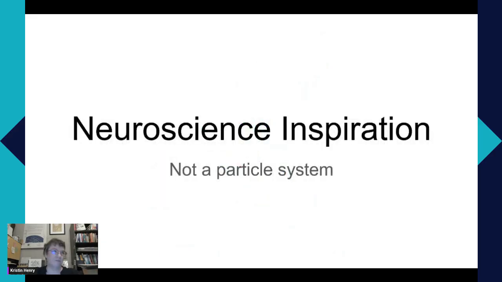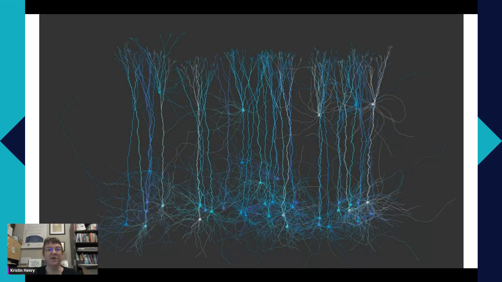Now, this is a bit of a jump. It doesn't stay strictly within the scope of this talk, but I really like this piece a lot. It's not a particle system. It has a lot of shared code from my old code base. But I was working with a neuroscientist on another project, and she said to me, "Hey, do you think you could use code to generate images of neurons?"